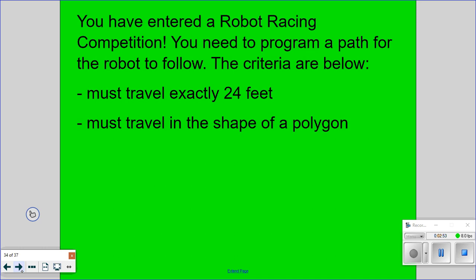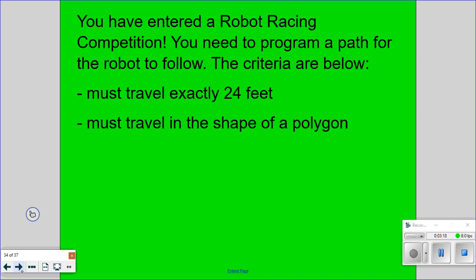The criteria, that means the rules of this robot path, are below. It must travel exactly 24 feet. Does that mean it can travel 28 feet? No. What about 20 feet? No. What about 2 feet? No. What about 24 feet? Yes. Yes, it has to be exactly 24 feet.